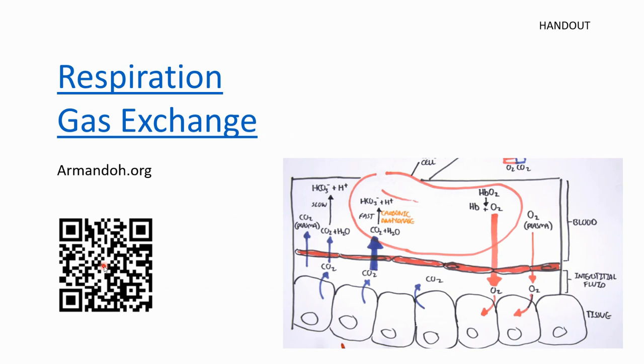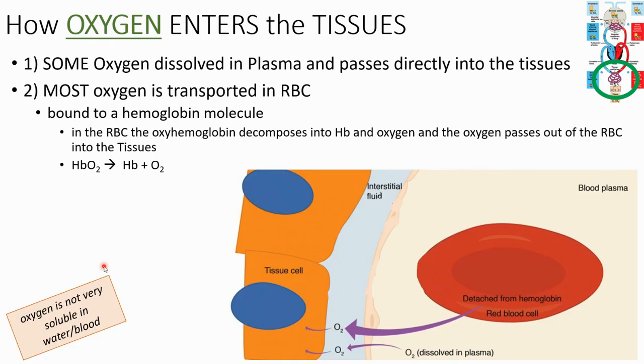So now in your packet, you've got a handout that will go over this Armando Hasudigan video that you can certainly follow along with if you'd like. So there's a handout in there for respiration and gas exchange. We're going to go ahead and take a look at this. You've also got this in your packet as well. It says at the top, Chapter 22, Objective 5, Gas Exchange, how oxygen enters the tissues.